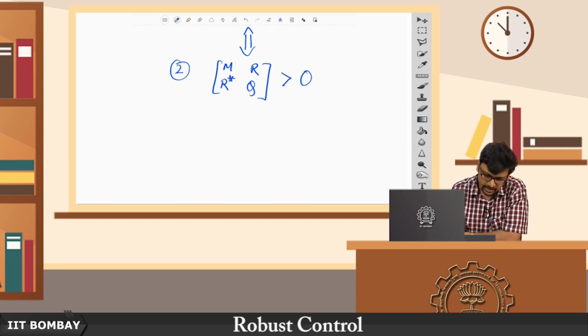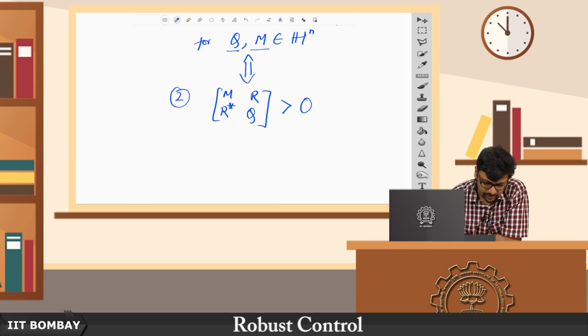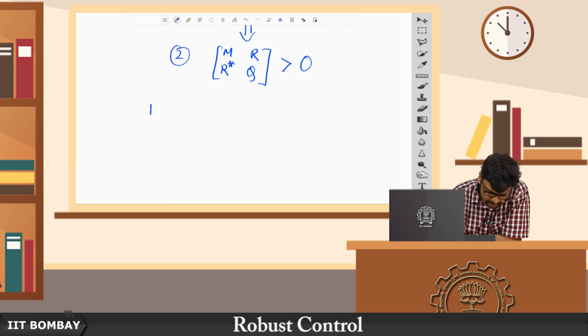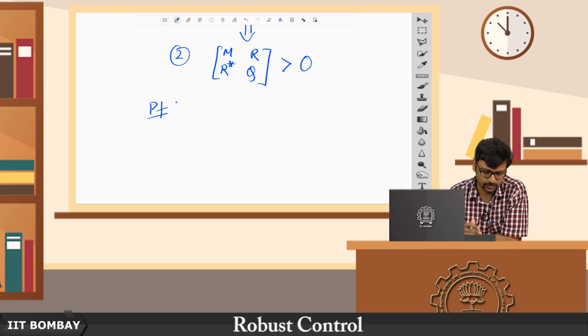Okay. Why do we say that, and how do we go about proving this? So, here is what I will give, again a brief sketch of the proof. I will again not go into the details of this proof.